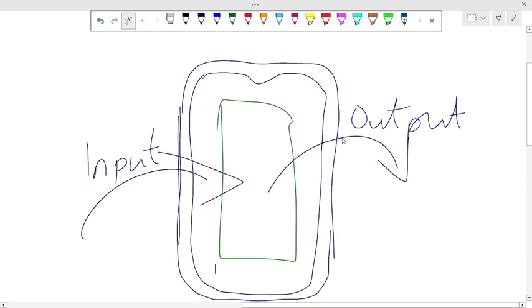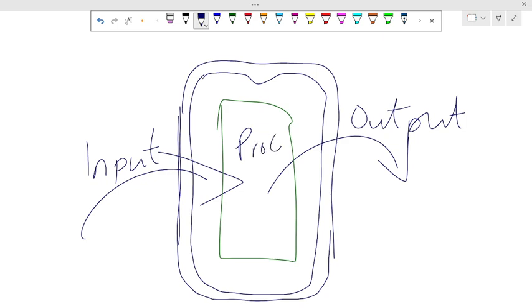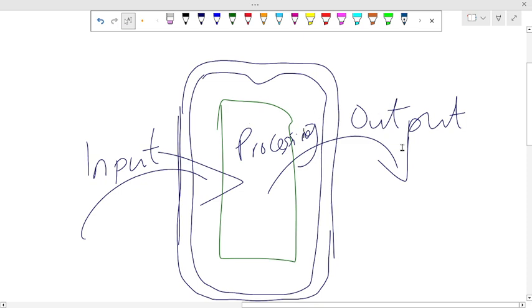But in this video, we keep our example within mobile phones and computers, laptop or desktop, just for simplicity. Now, input, process, let me write this here: process or processing. So input, processing, and then output.